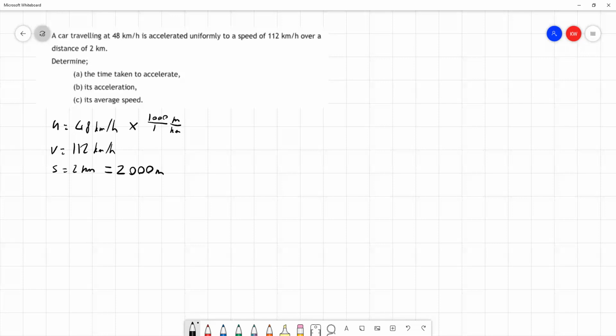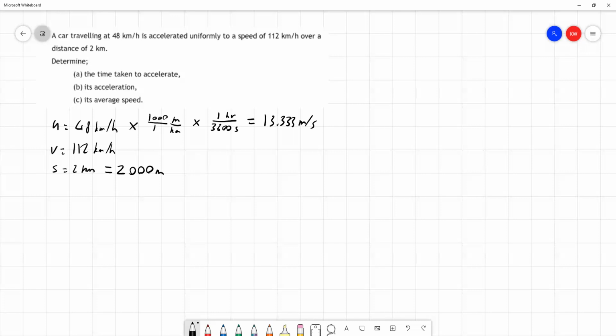And to get from per hour to per second, we need to multiply by the ratio between hours and seconds, and 1 hour is 3,600 seconds, because we want to have seconds at the bottom of our new units. And we multiply that through, we get 13.333 meters per second.